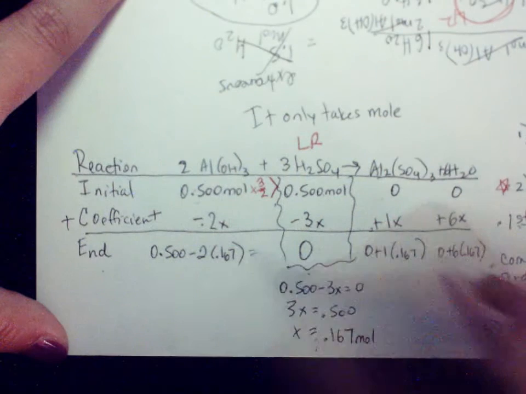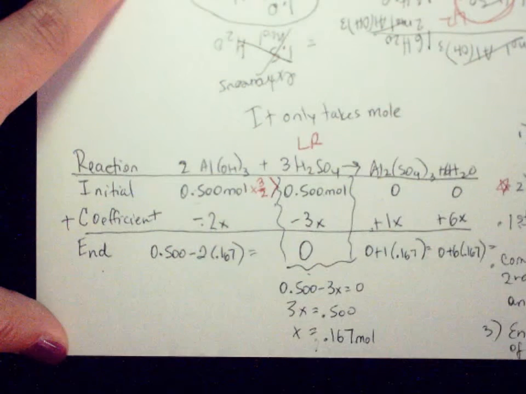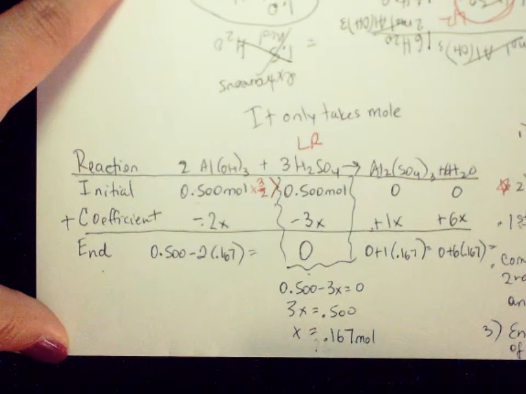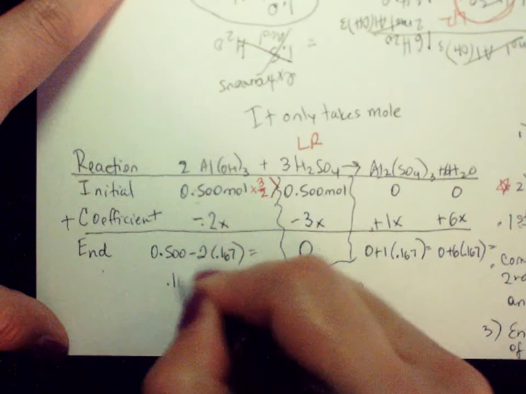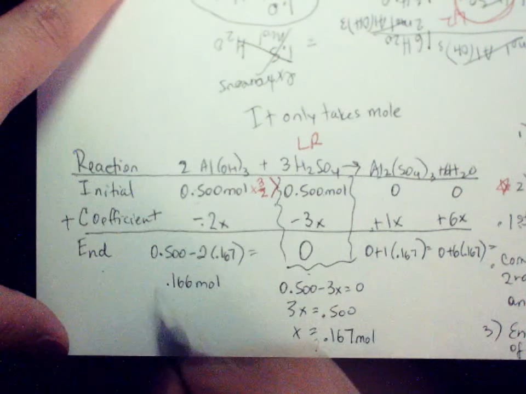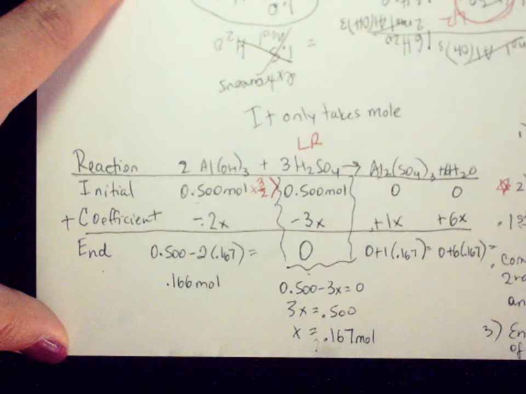All right, so let's figure out what these numbers are. So 0.5 minus, I'm going to do this first column first, minus 2 times 0.167. I get 0.166 moles. So that's my final answer. Let me highlight it so you know what the final answers are.